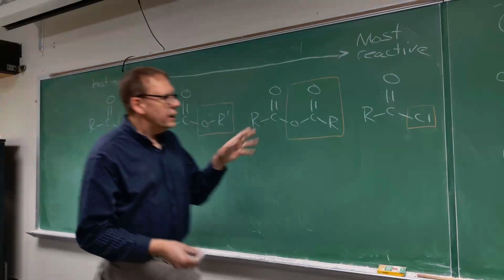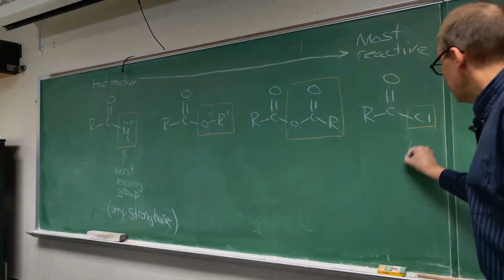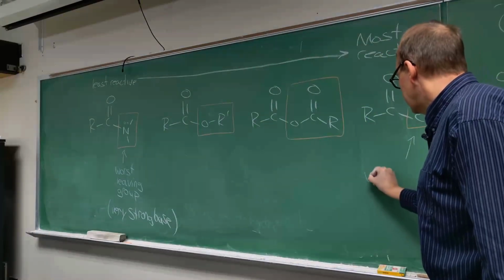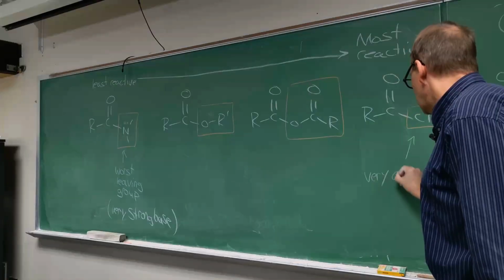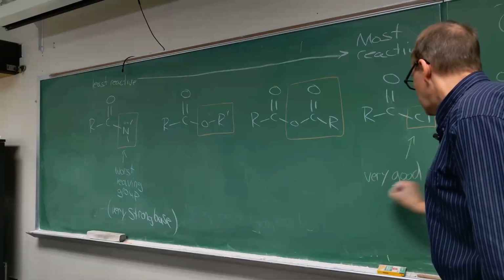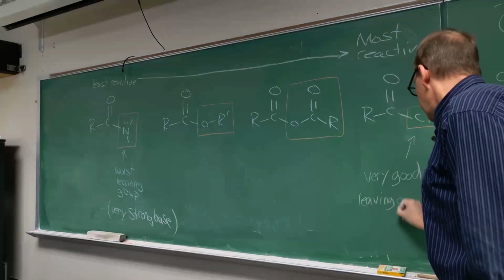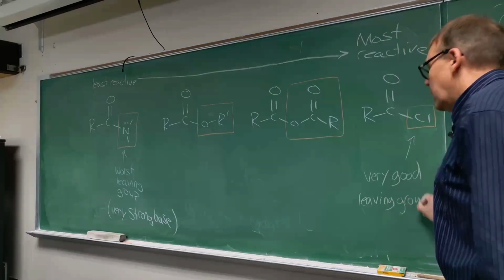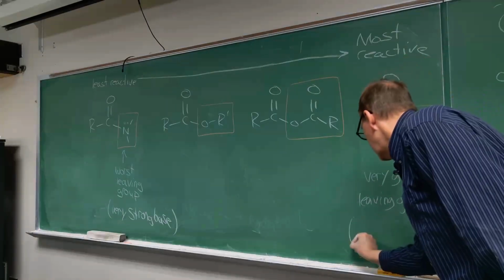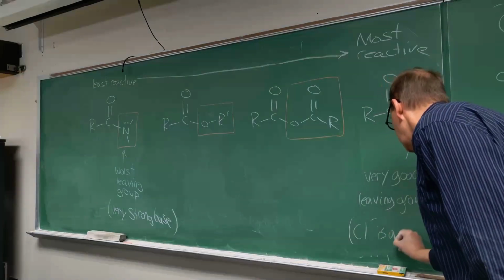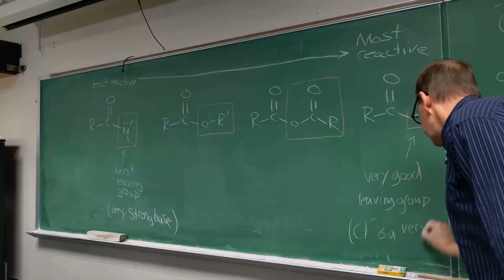You go over here, and if we go to the other end, you get Cl, which is a very good leaving group. And the reason for that is, I'm just going to say Cl minus is a very weak base.